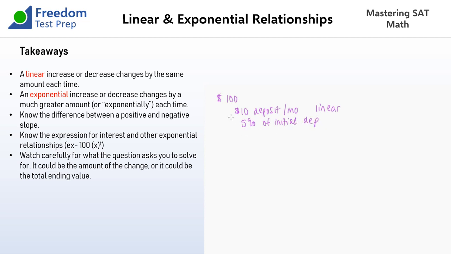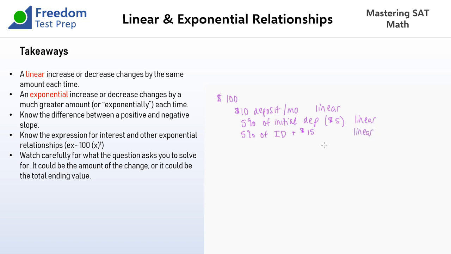Well, 5% of the initial deposit is 5% of $100, which is the same thing as $5, which means it's going up $5 every month. It's still linear. What if they said 5% of the ID, initial deposit, plus 15 more dollars? It's still the same amount every month.